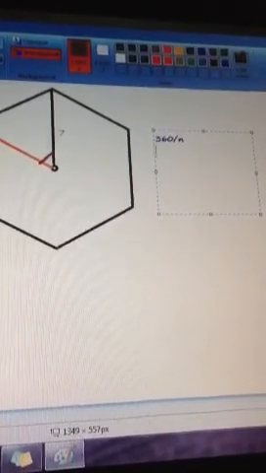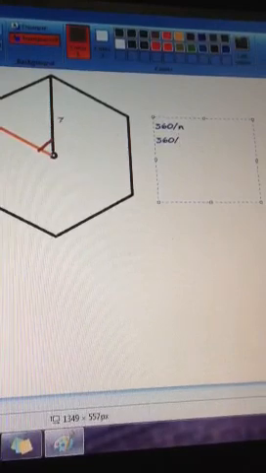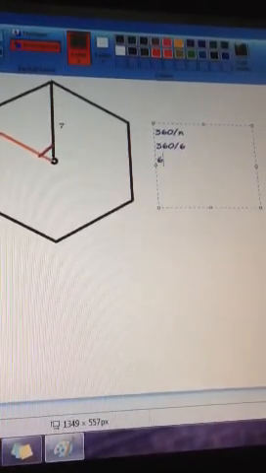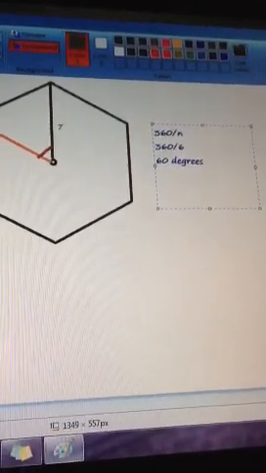So 360 divided by 6 will give you 60 degrees, I believe.